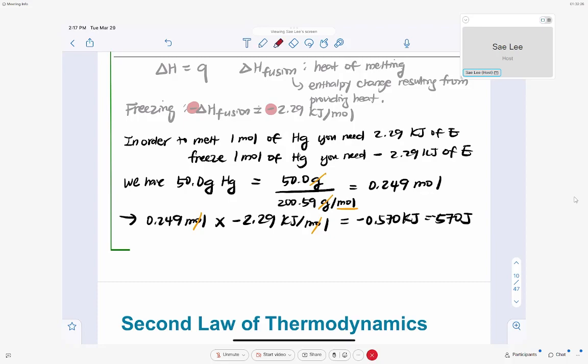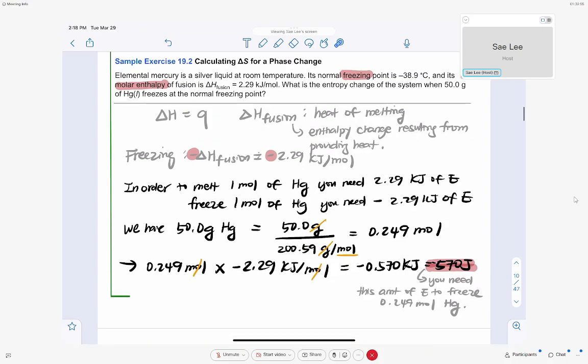So what does this amount of energy tell you? This tells you that you need this amount of energy to freeze 0.249 mole of mercury. The question is asking for the entropy change.